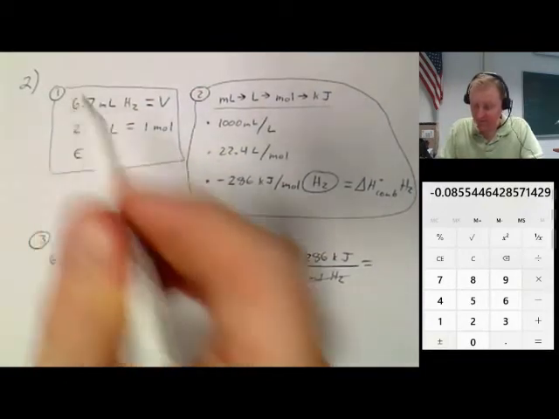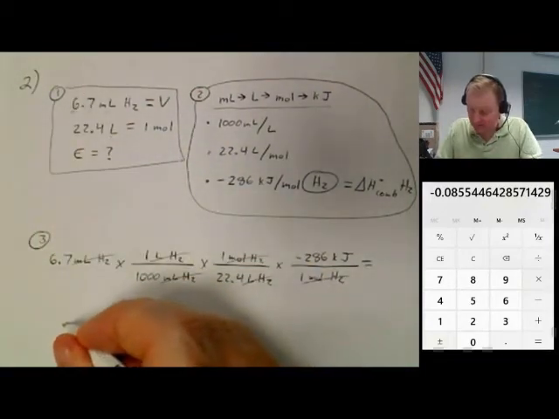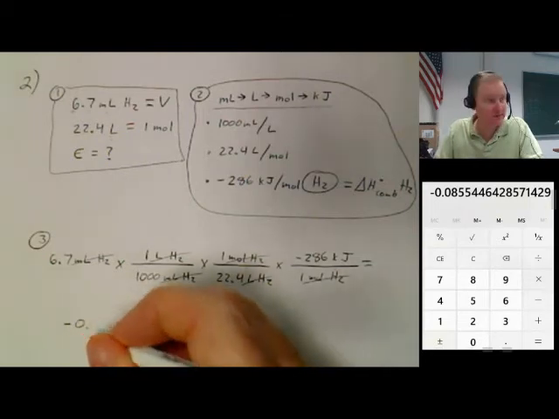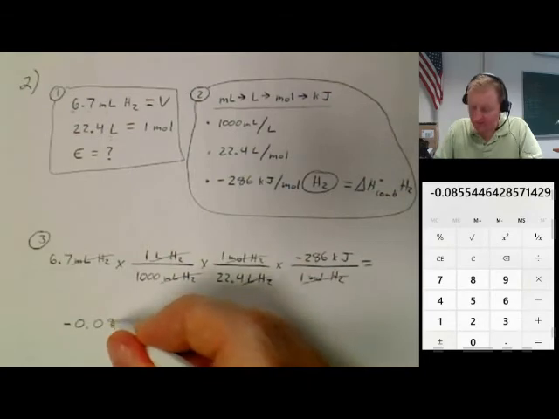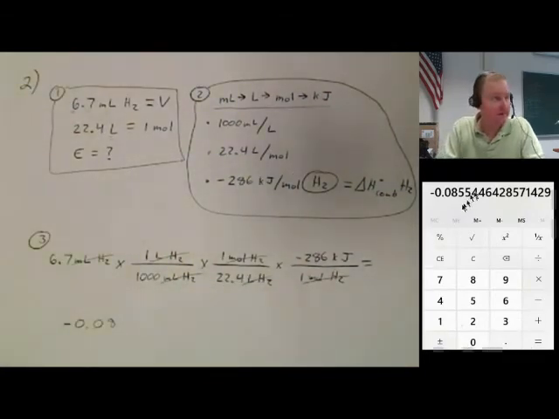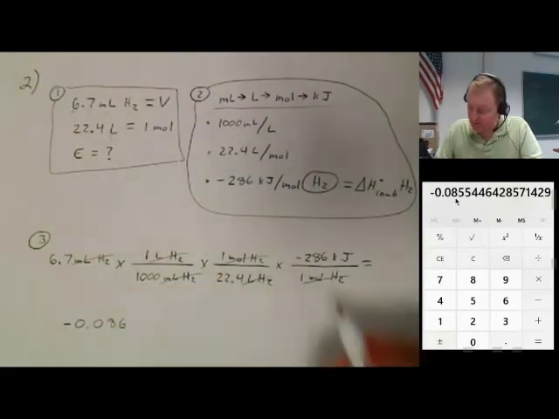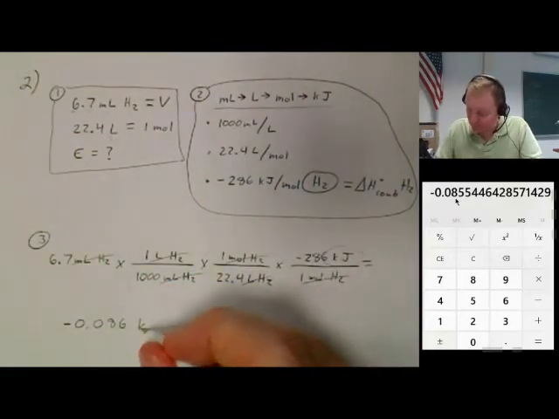Remember, leading zeros don't count, so I haven't counted a significant figure yet. So the 8 and that 5: it would be 0.085, but since this number is 5 or greater, we're going to round that up. So 6. And my unit would be kilojoules.